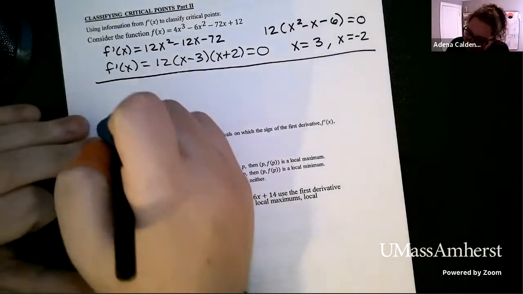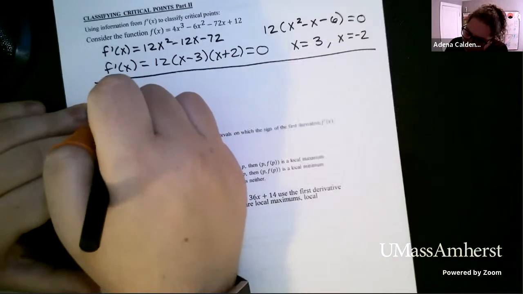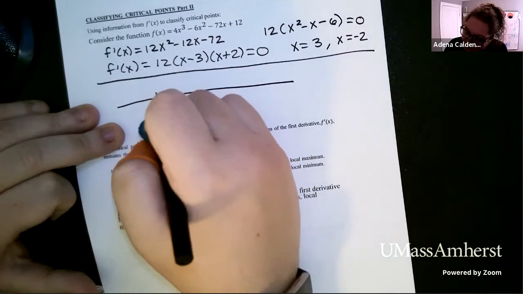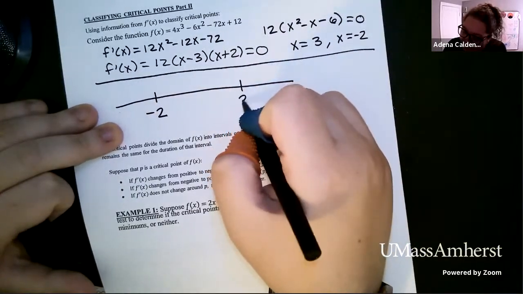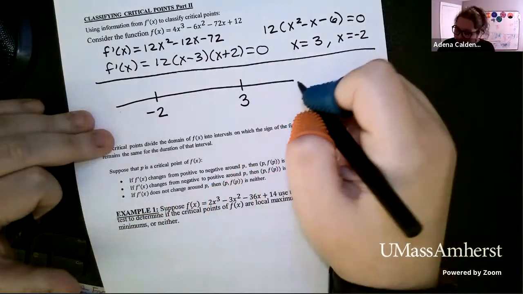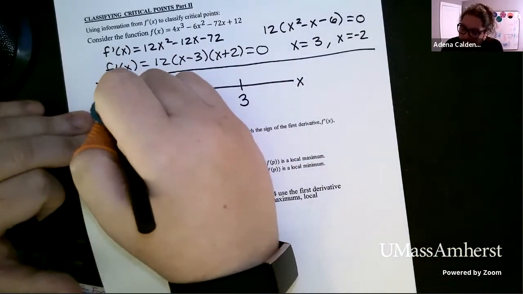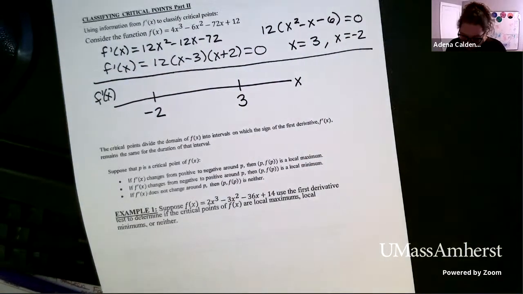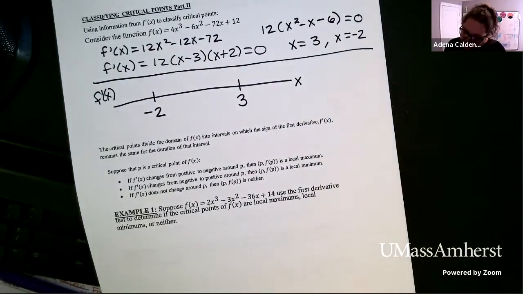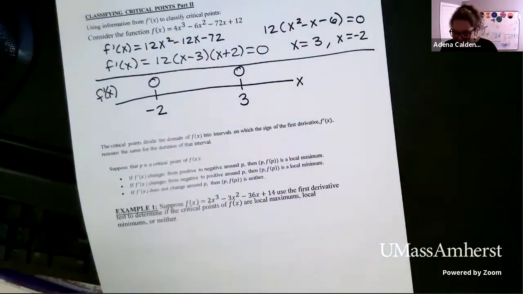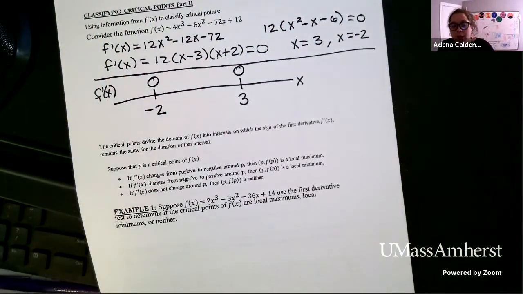So what that is telling me here is that I can set up an interval divided by the critical points. So -2 and 3. So this is a number line, right? These are x values. And what this is telling me is that I'm going to use the fact that at -2, the derivative is 0, and at 3, the derivative is 0, to create intervals.